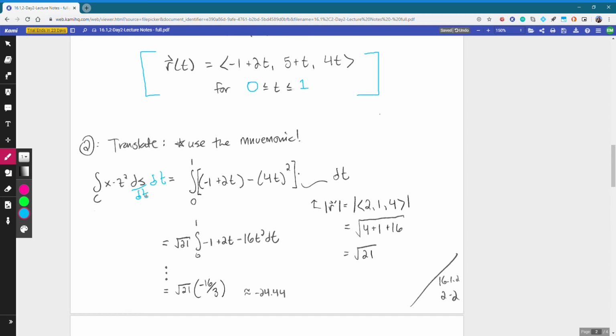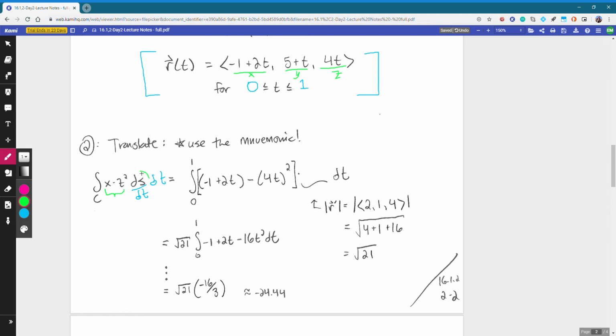And this is now exactly what we need to just fill in each part for. This function we had, we just need to plug in for x and z what x, y, and z are in terms of our parameterization. Here's our x, here's our y, which we actually don't see, so we won't need, but there's our z.